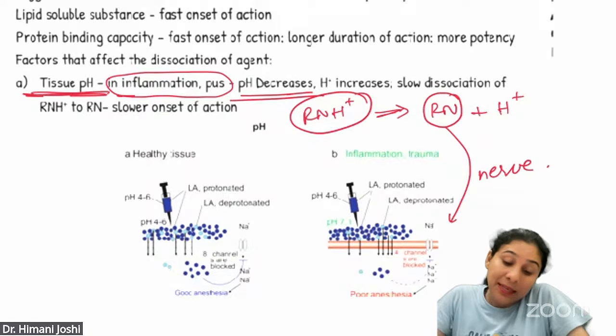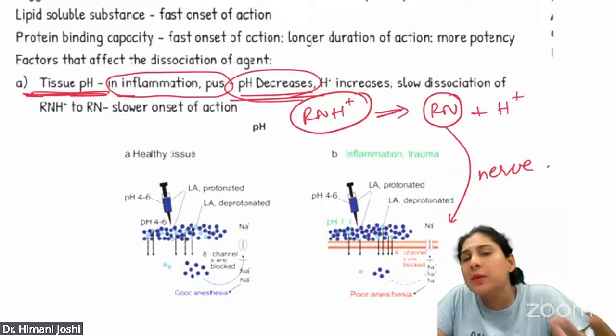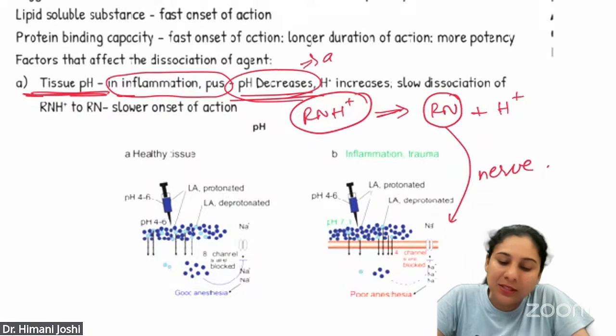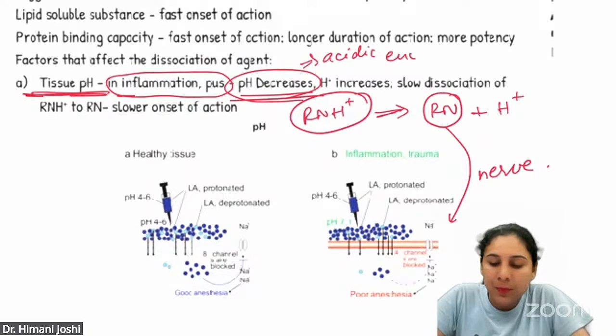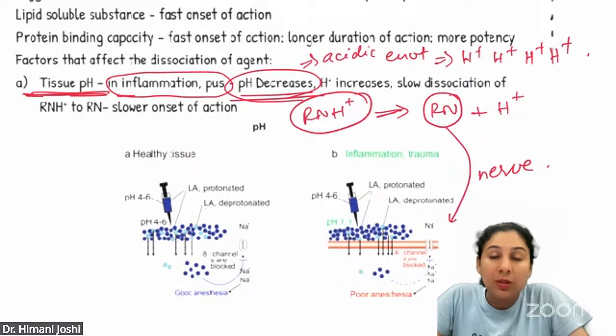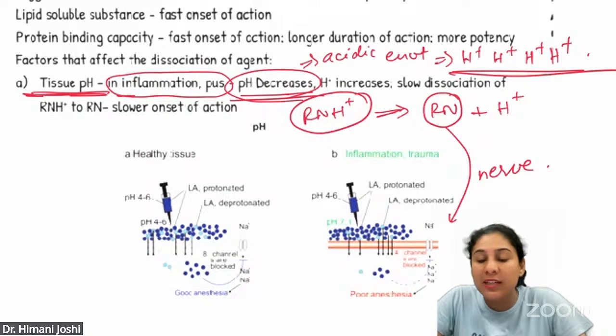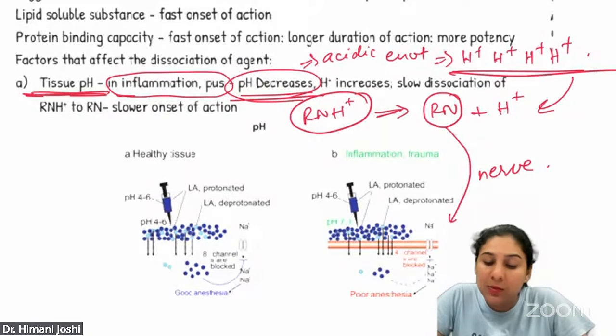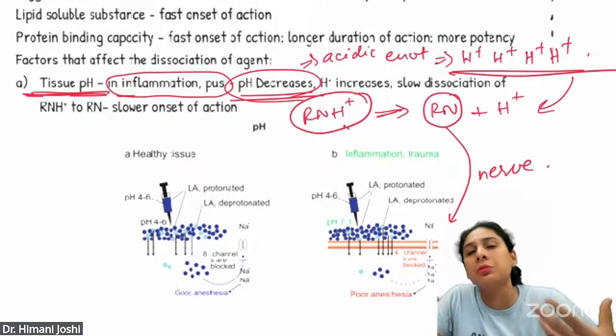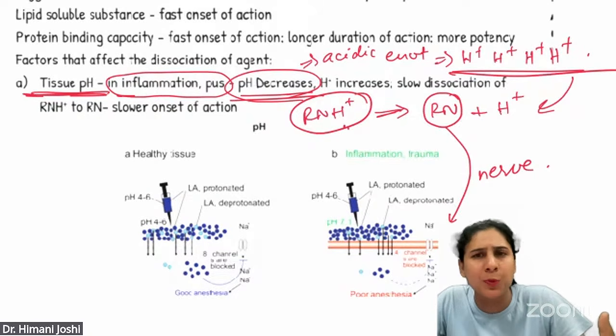But in case of already decreased pH, what is the meaning of decreased pH? Decreased pH means there is an acidic environment, right? And acidic environment means there is a lot of H plus ions already in the tissue. So when already the tissue has a lot of H plus ions, why should this molecule dissociate? It will dissociate only when there is no H plus molecule or reduced H plus molecules, right?